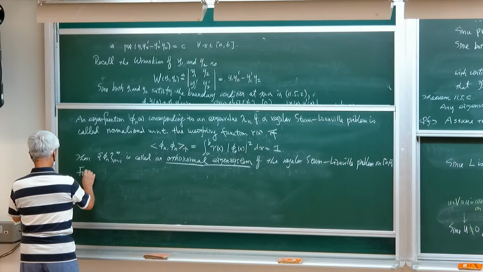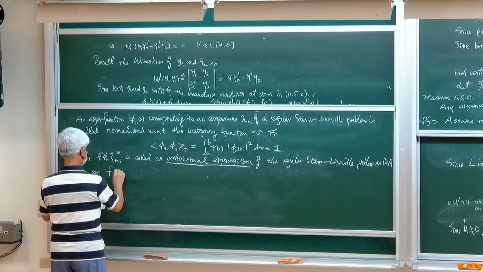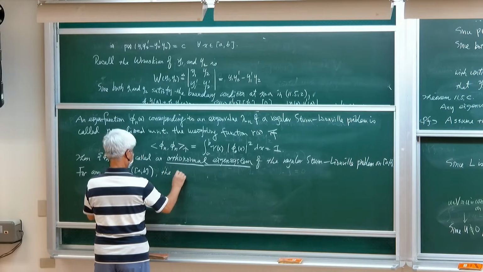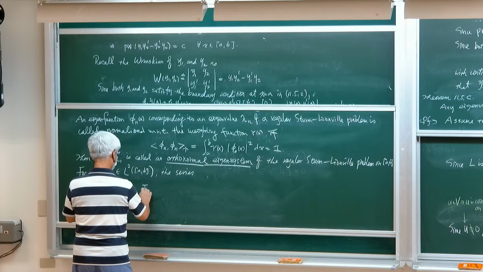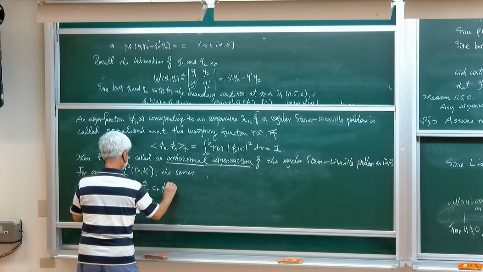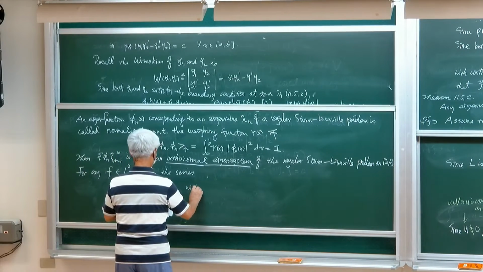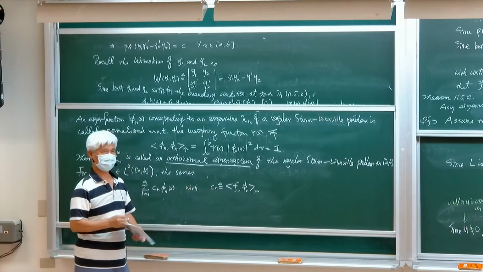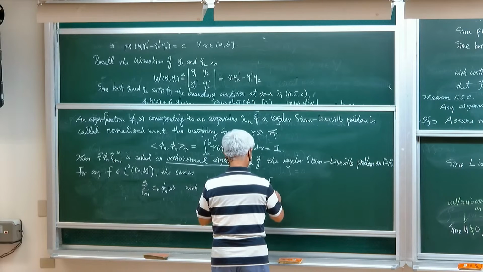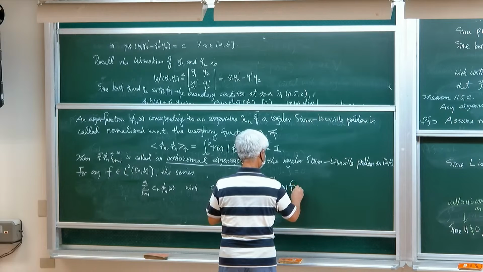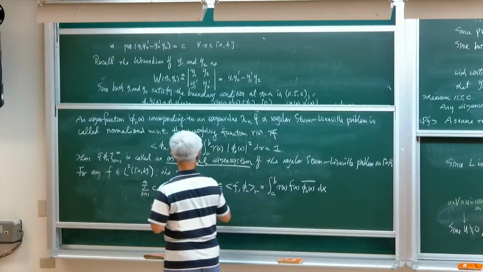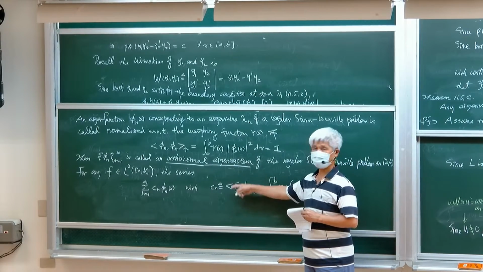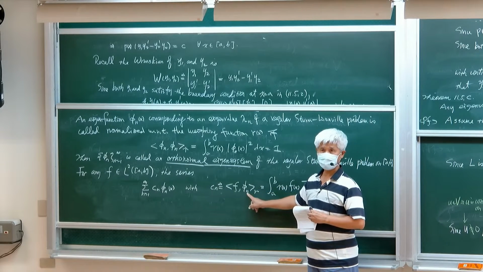Now for any square integrable function f on AB, we can construct a series, summation n from 1 to infinity Cn phi n of x, with the coefficient Cn to be the inner product of f and phi n with respect to R. So the coefficients are defined to be the inner product of the square integrable function and the eigenfunction phi n.